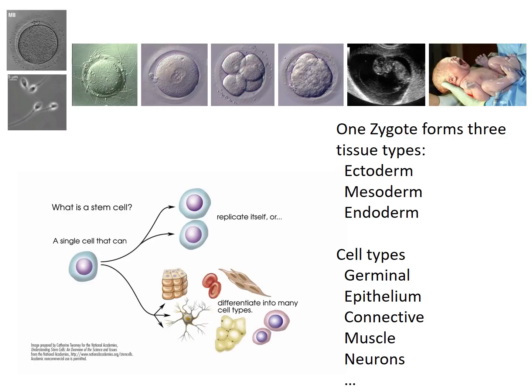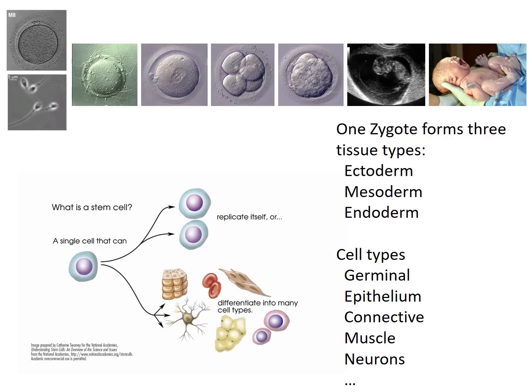But in between, we have a number of different tissue types. I guess we can call them primitive tissue types that are going to evolve, and those primitive tissue types are then going to make the adult or mature tissue that we are primarily going to be studying.